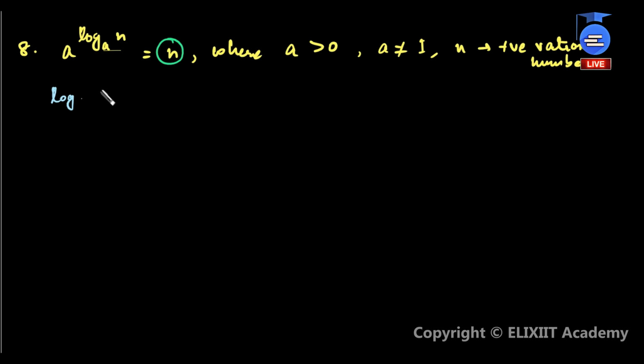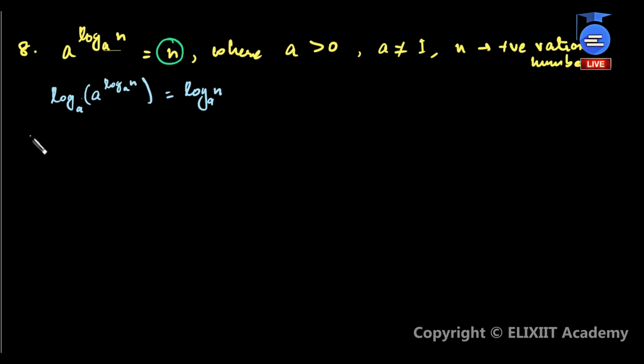Taking log on both sides, the left side becomes log of a to the power log n base a, and the right side becomes log n. In fact, we take log on both sides with base a.